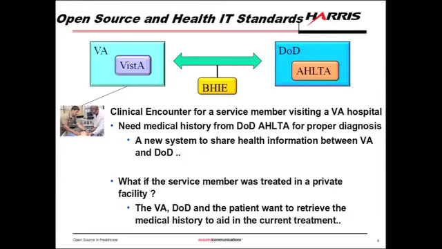But what happens if the service member had been treated in a private hospital? You can't instantiate a new BHI for every facility that the person visited. So you can't go on instantiating new projects to solve the problem of interoperability. That's where VA and DoD and many of the other federal agencies came together and said, we need to start developing some standards around this interaction.